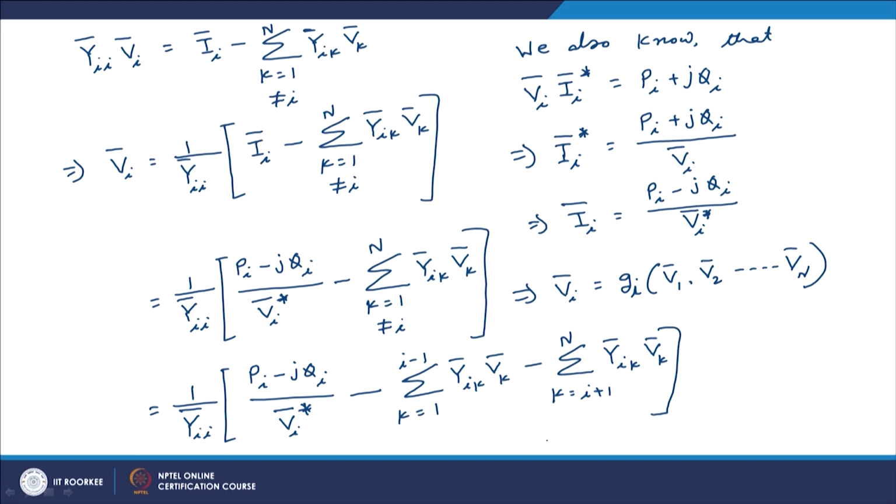Because the term Vi does not appear, we have simply taken the terms from 1 to i minus 1 together and the terms i plus 1 to n together. So this is the final equation.